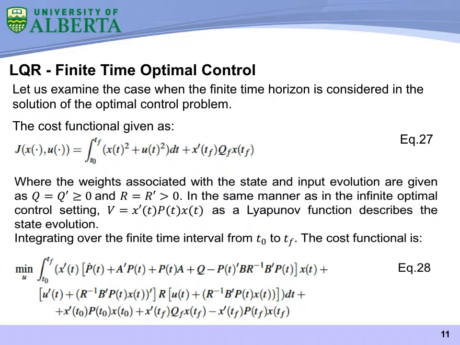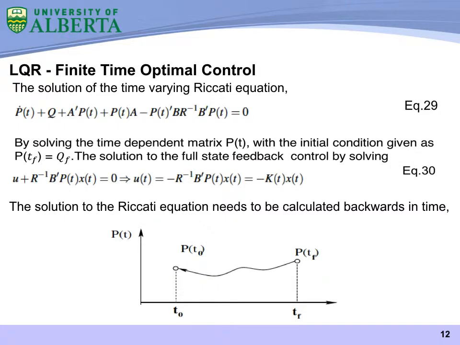If we repeat the identical procedure again, writing everything in a similar form, the only thing that is different is that we will have a contribution of the Tf term, P(Tf), and we will have a derivative, P dot. In other words, we will have to solve the time-varying Riccati equation, which is a differential equation.